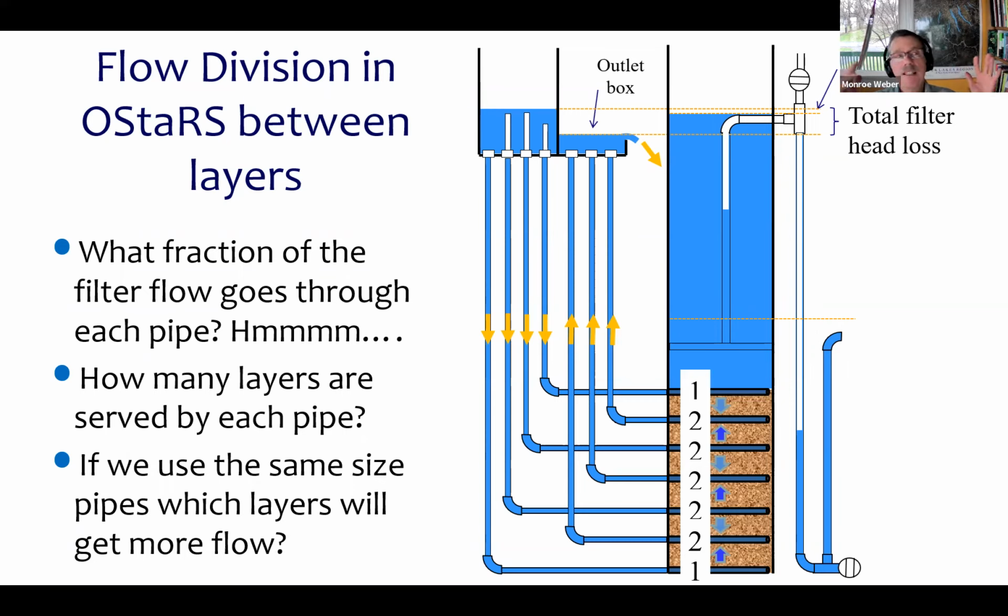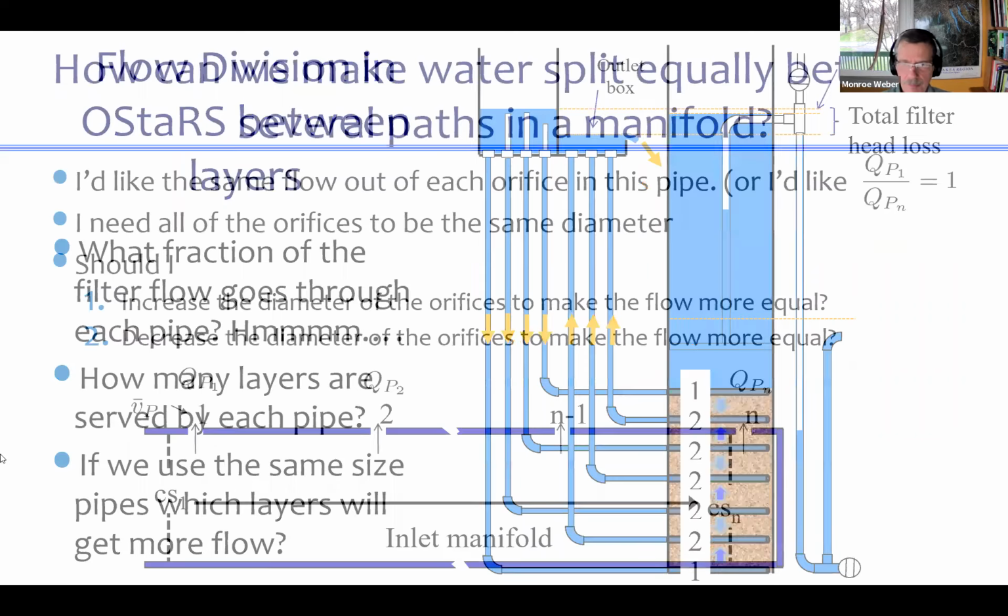They'll get maybe, instead of 1/6 of the water, maybe 1/5 of the water. There'll be more water flowing through this bottom layer and this top layer, because it was easier for the water to go through the pipes since there was less flow in those pipes. So that's a problem.